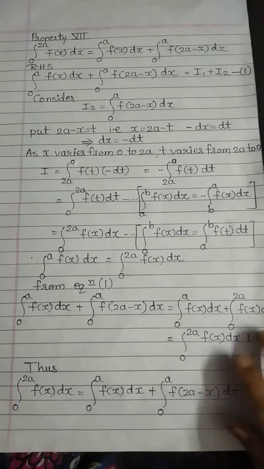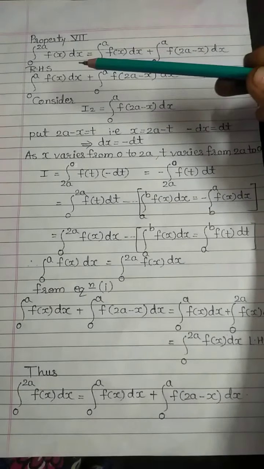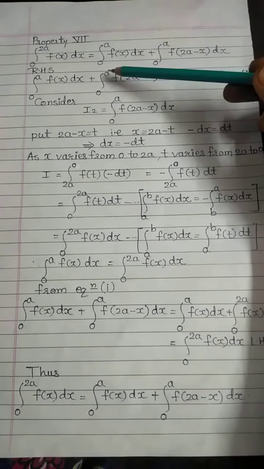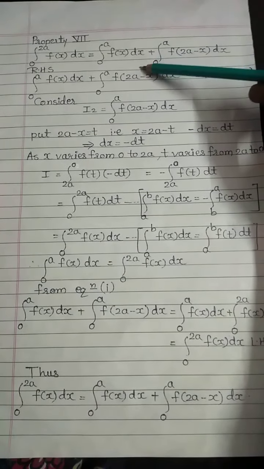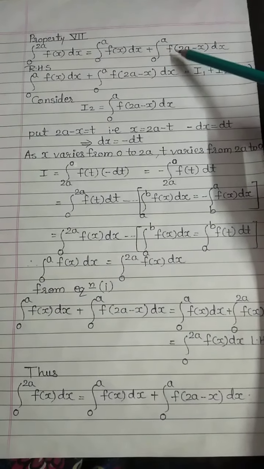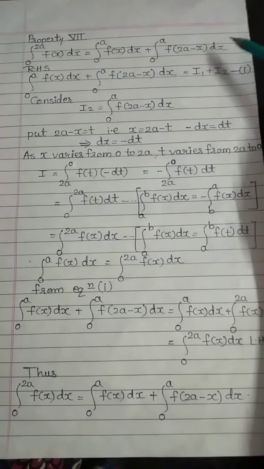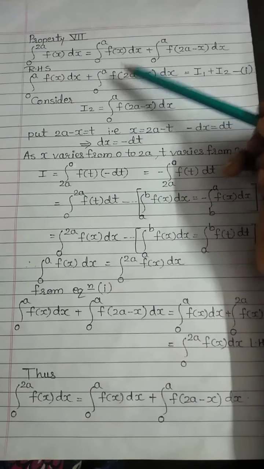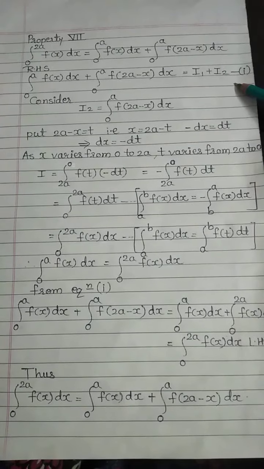Now property number 7 is integration 0 to 2a f of x dx is equal to integration 0 to a f of x dx plus integration 0 to a f of 2a minus x dx. Now here first we will consider the RHS term as I1 plus I2.